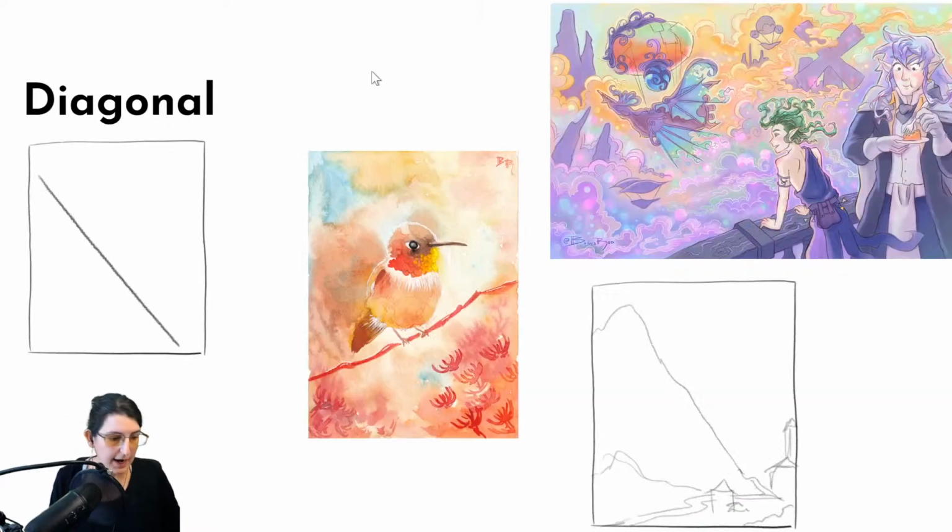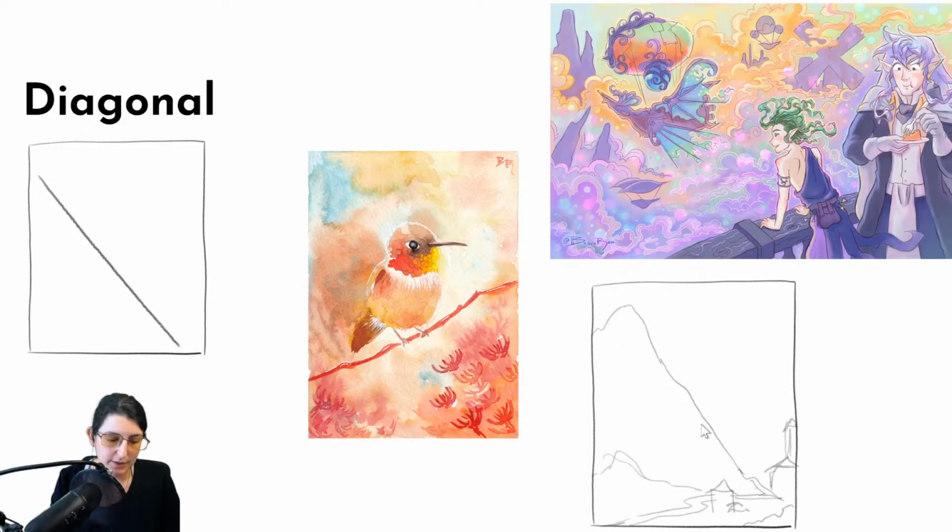All right, diagonal. So this is another very simple compositional technique. It just means having a shape, usually a shape that would fill a large portion of the composition, that creates a diagonal through the piece. So this bird I happened to paint recently had a twig that creates this nice diagonal line through the piece.